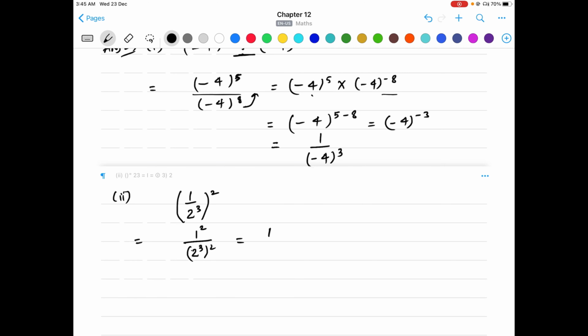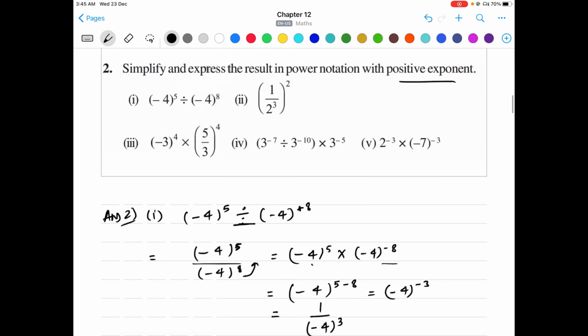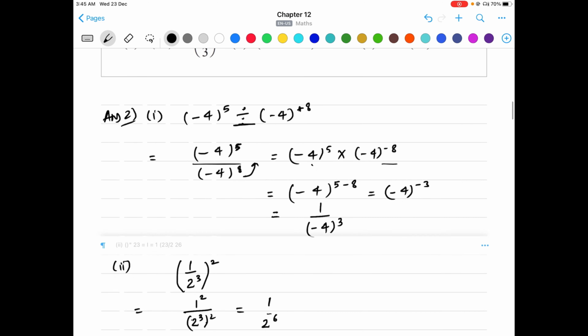Any power of 1 will always give us 1, and when you open this bracket, this power will change to 2 power 6. So that's the answer for this one. We got it as a positive exponent, which is what we were asked to write.